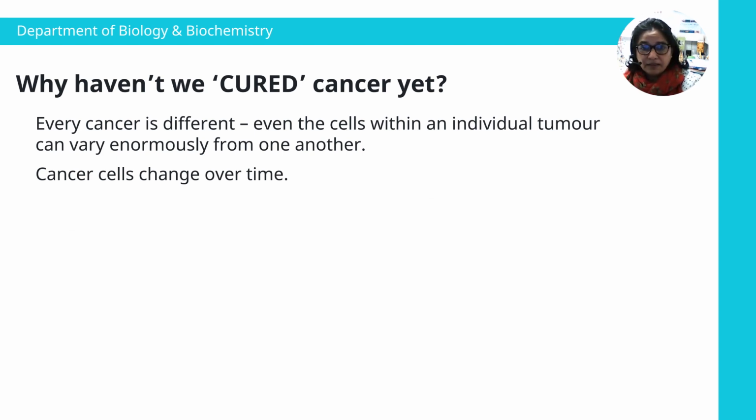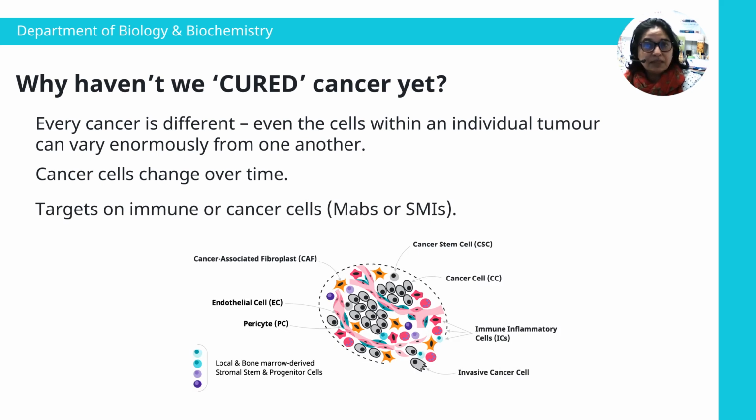And lastly, it's not just about the cancer cells, it's about the environment they're in. And this is the big thing about understanding the tumor microenvironment, looking at it not from a reductionist point of view, but from a holistic point of view, to see what interactions are going on, what types of cells you see in a tumor.